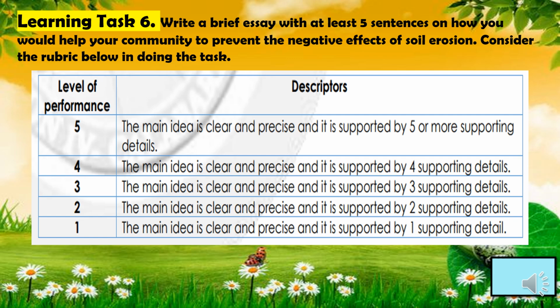You will get 3 points if it is supported by 3 supporting details. You will get 2 points if it is supported by 2 supporting details. And you will get 1 point if it is supported by 1 supporting detail.